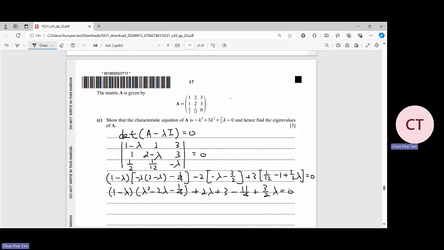Okay, so we try to simplify it. You get lambda square minus 2 lambda minus 1 over 4 minus lambda cube plus 2 lambda square plus 1 over 4 lambda.